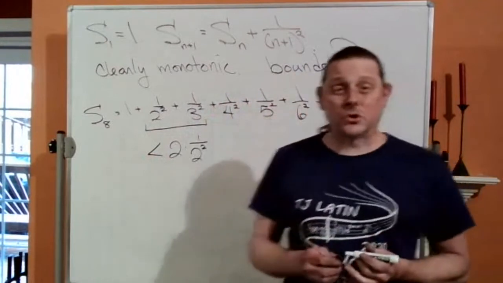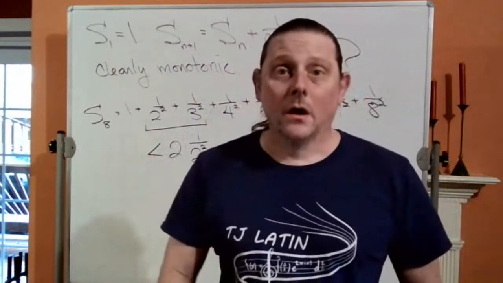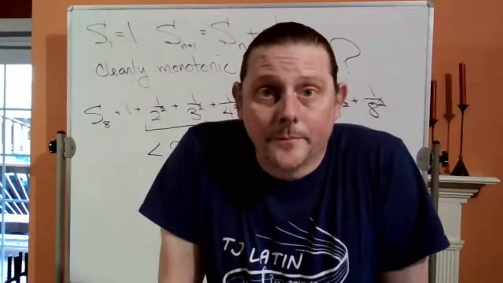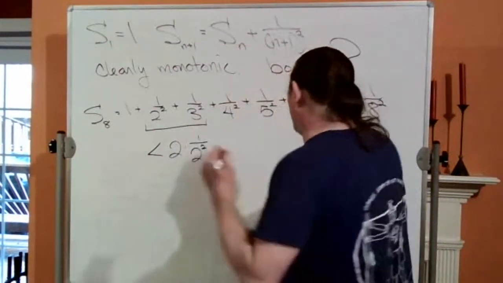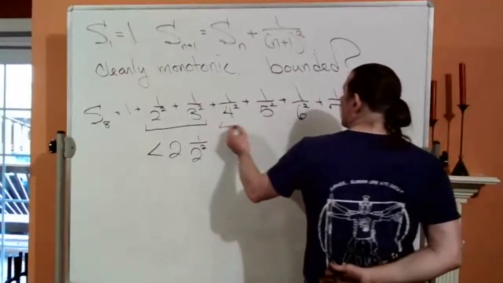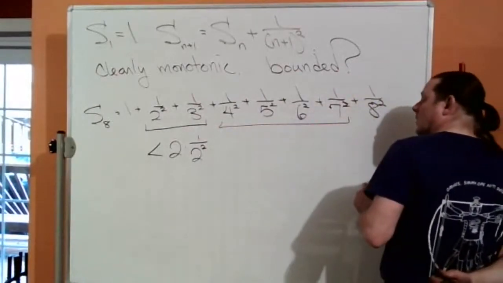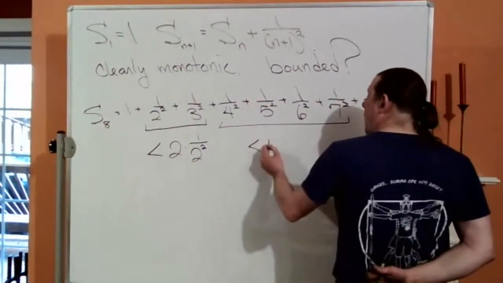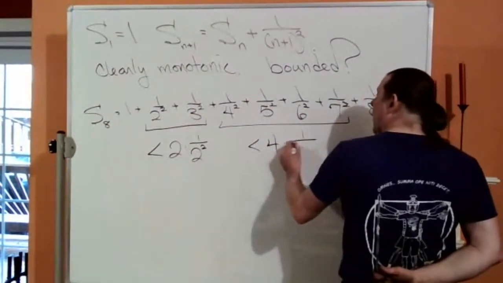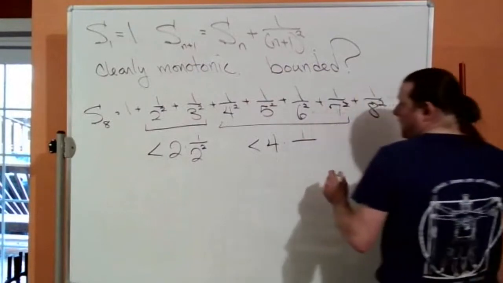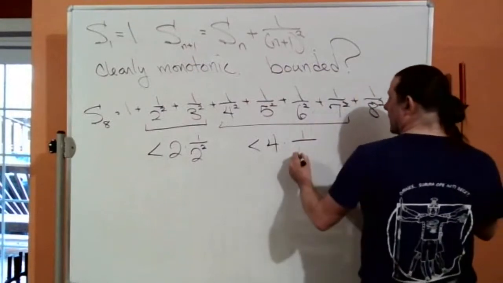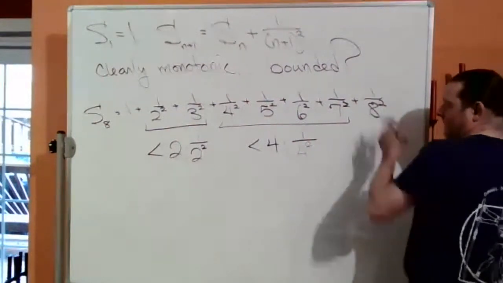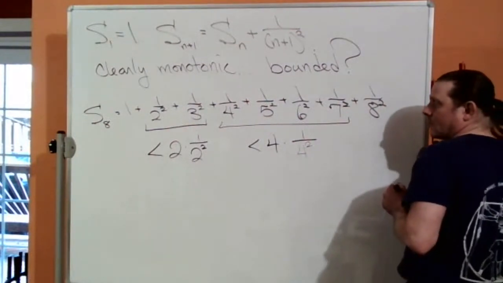And that's because it's 1 over 2 squared plus 1 over 3 squared, and 1 over 3 squared is smaller than 1 over 2 squared. Okay? And we can do the same thing here with these 4 terms. They're going to be less than 4 times 1 over 4 squared. All right? And then I would have this 1 over 8 squared.